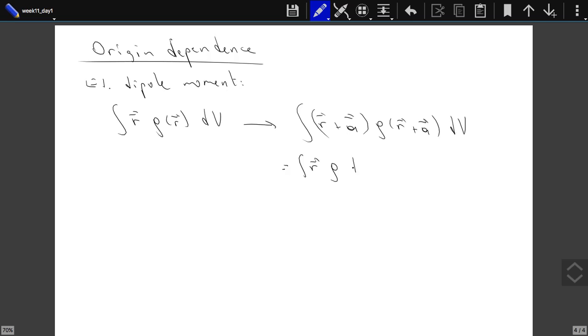This will be equal to R rho dV plus A rho dV.